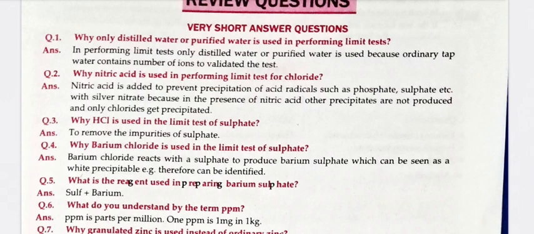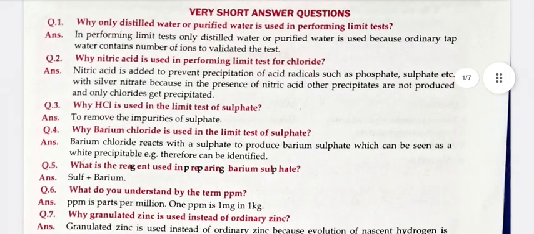So once again, in the limit test for chloride, we use silver nitrate. In presence of silver nitrate only chloride gets precipitated and others are prevented. This is the main reason we perform the limit test for chloride in presence of nitric acid and silver nitrate is added.